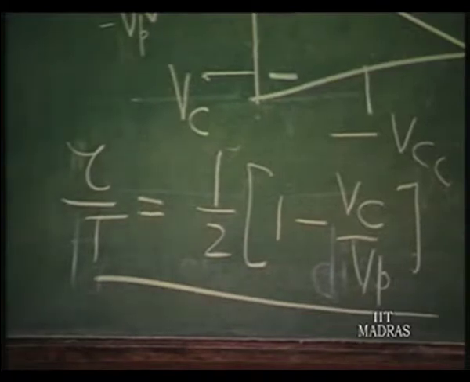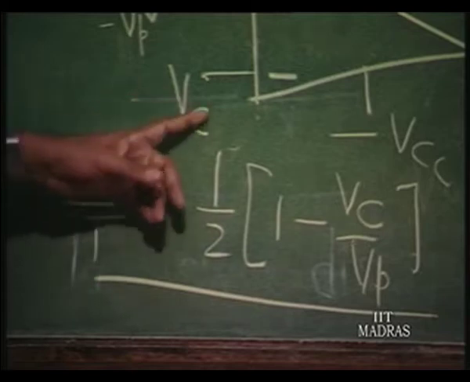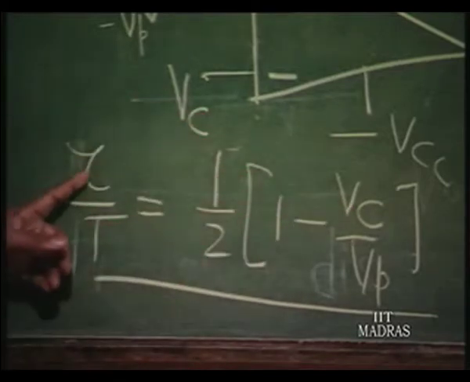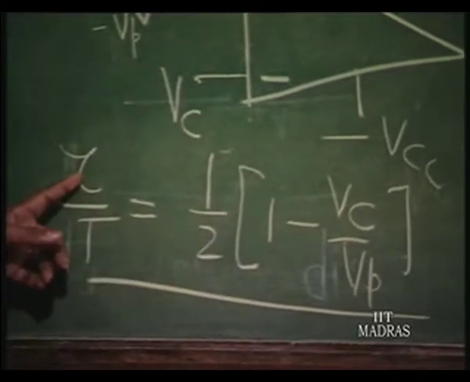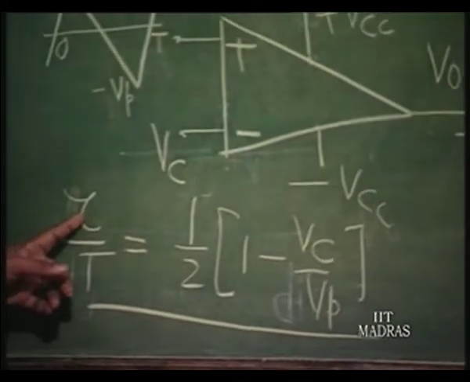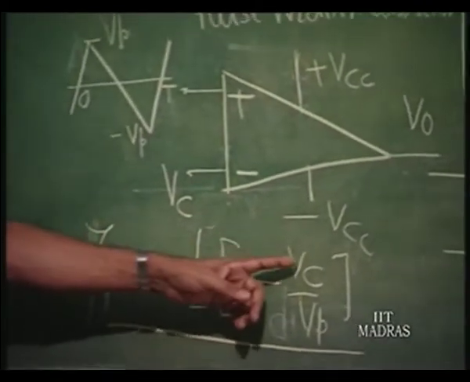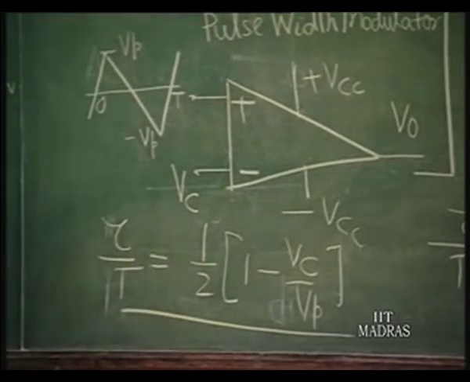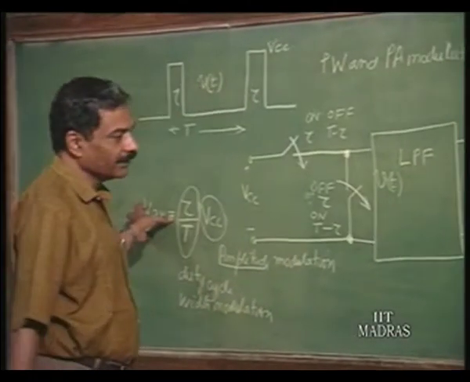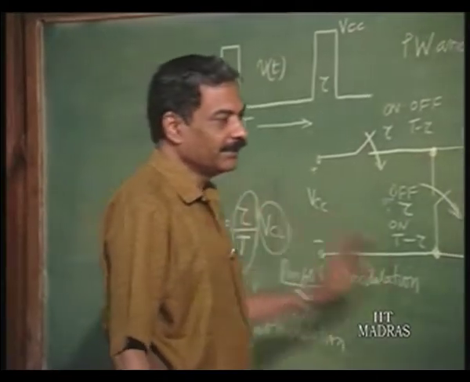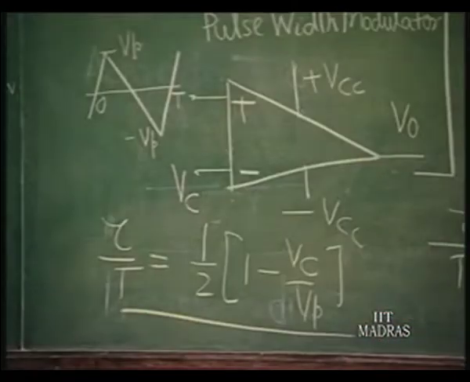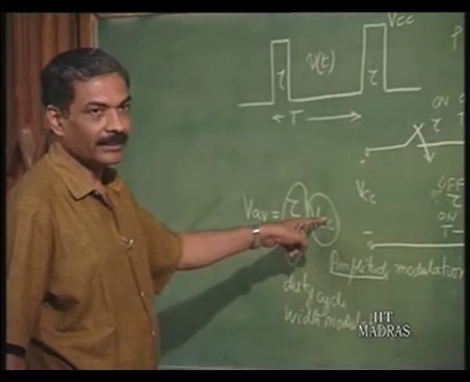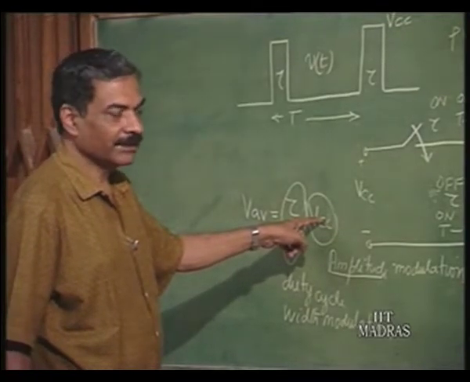So, if I change Vc, tau will proportionately change. But I want the tau by T factor to come in such a manner that the average will change in sign when Vc changes in sign. Now, the average is simply tau by T into Vcc, so the average does not change sign when Vc changes sign.